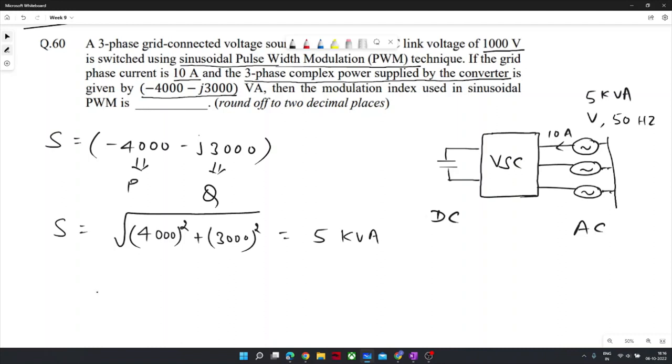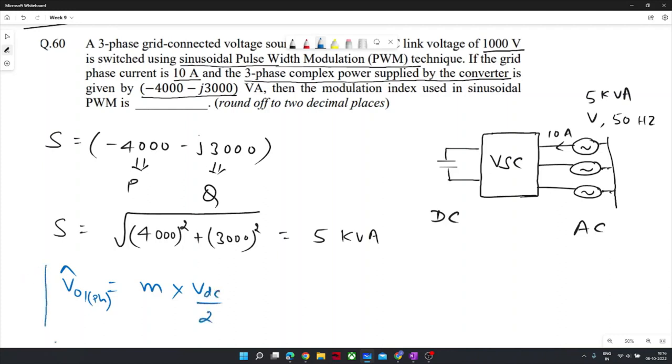The relation between modulation index and AC side voltage or DC link voltage is given by this formula: V naught 1, the peak of the fundamental component of output phase voltage towards the AC side, is equal to modulation index M into VDC by 2.